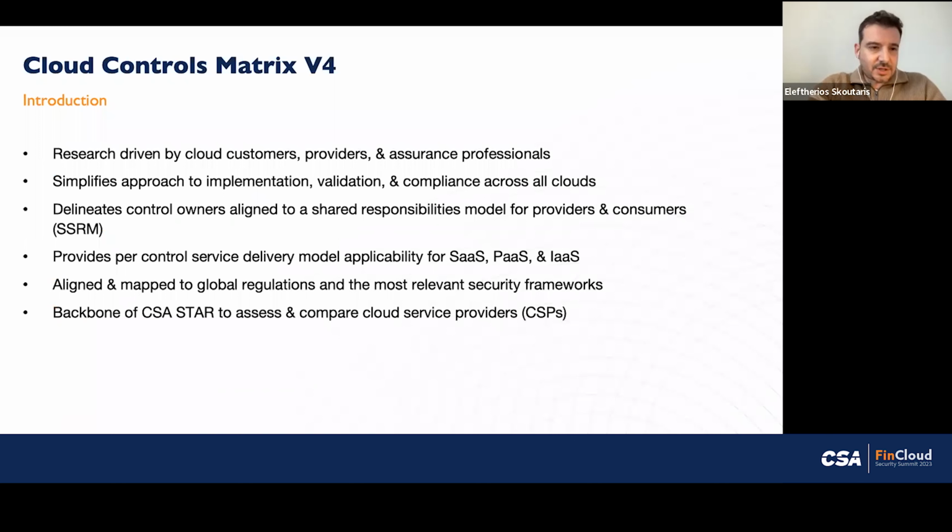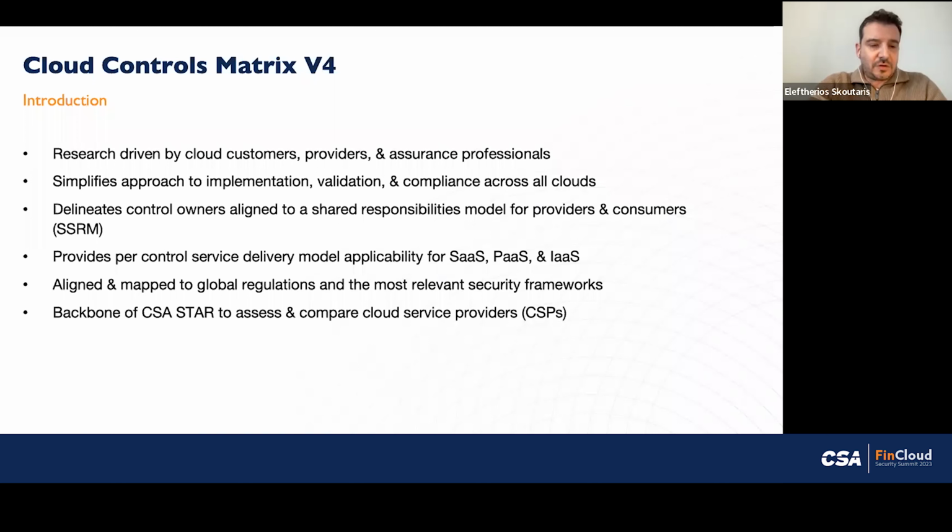Okay, so let's get right to it and begin with the first section, which is the introduction of the CCM. So what is the Cloud Control Matrix? The Cloud Control Matrix is a cloud security framework. It is specifically designed and developed from the industry, to the industry, for the industry, to aid cloud organizations to manage risk in the cloud.